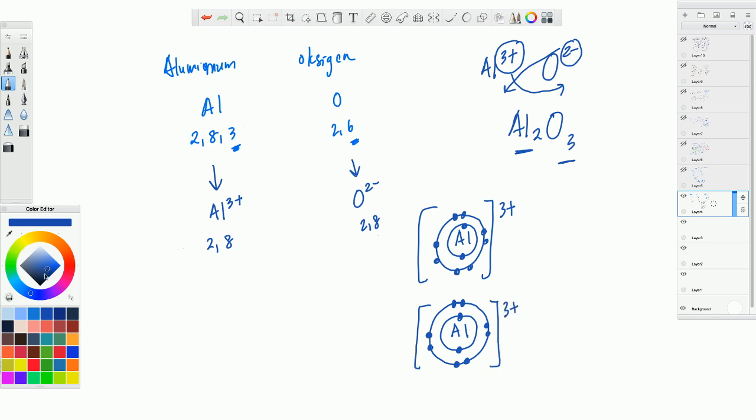Untuk yang negatif kena lukis 3 sebab it's Al2O3.